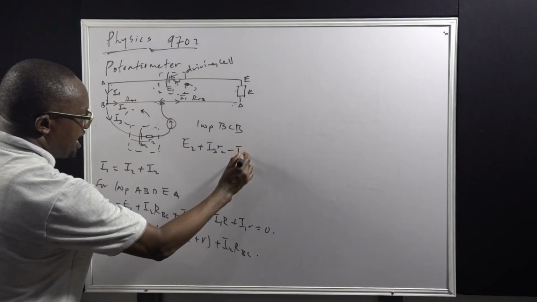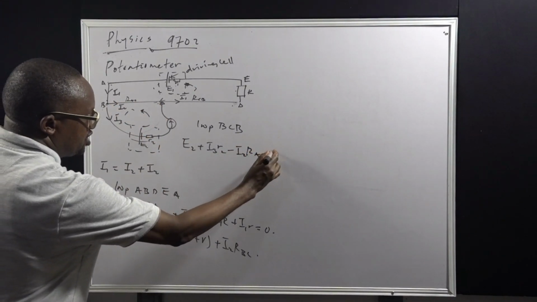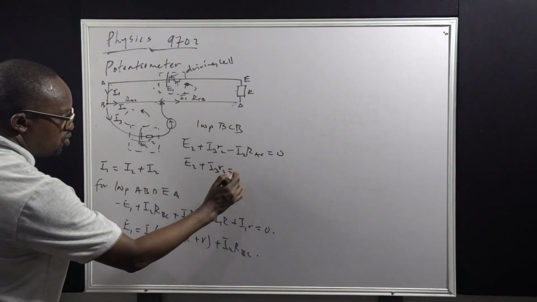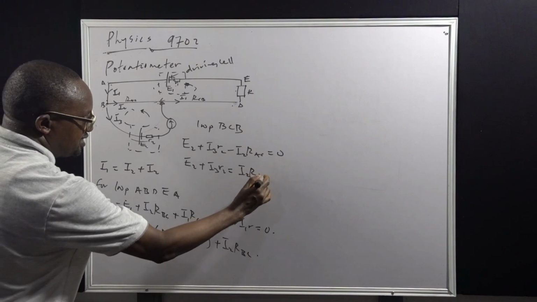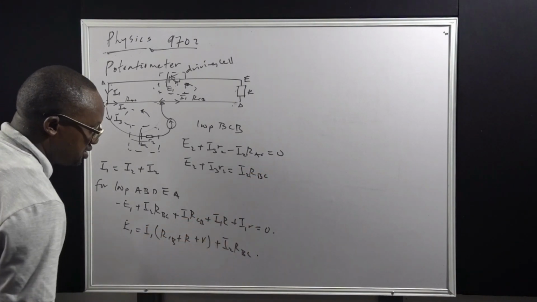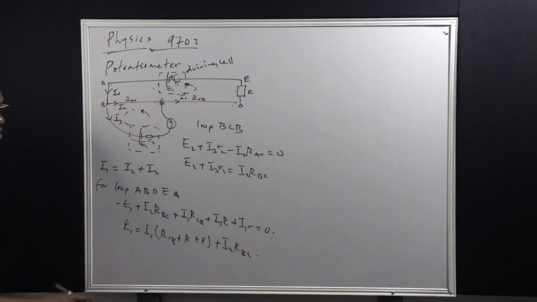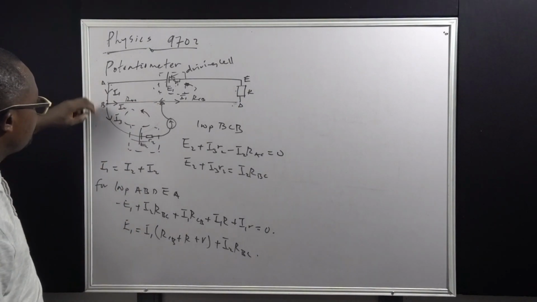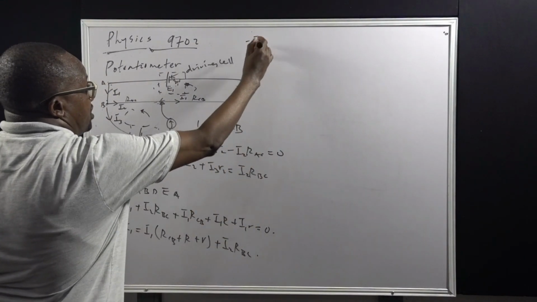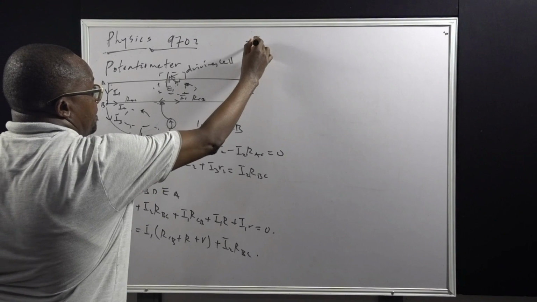That becomes minus I2 resistance of BC is equal to 0. So E2 plus I3 R2 is equal to I2 times the resistance of BC.